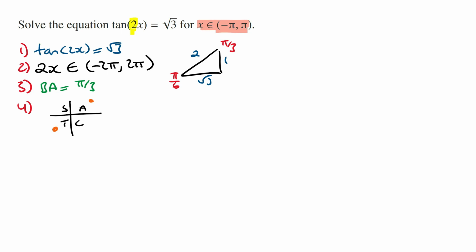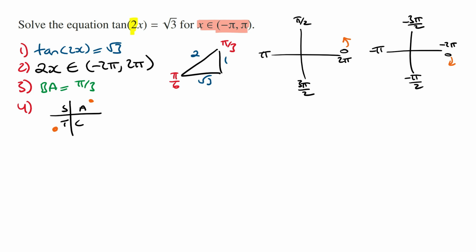And now for the last step, what we need to do is just solve for the angle. Working from the new domain, we're going to go from 0 to 2 pi in the positive direction, and then we're going to go from 0 to minus 2 pi in the negative direction. Going in the positive direction, in the first quadrant, the angle 2x is going to equal the base angle.